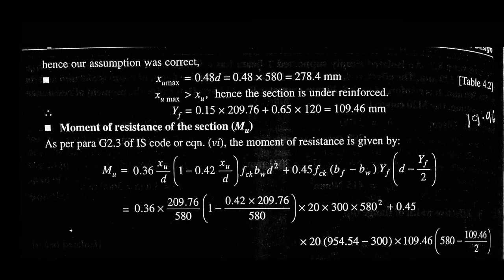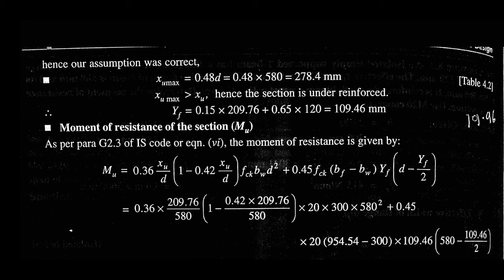So Mu is equal to 0.36 XU by D within bracket 1 minus 0.42 XU by D bracket closed, FCK BW D square, plus 0.45 FCK within bracket BF minus BW into YF within bracket D minus YF by 2.